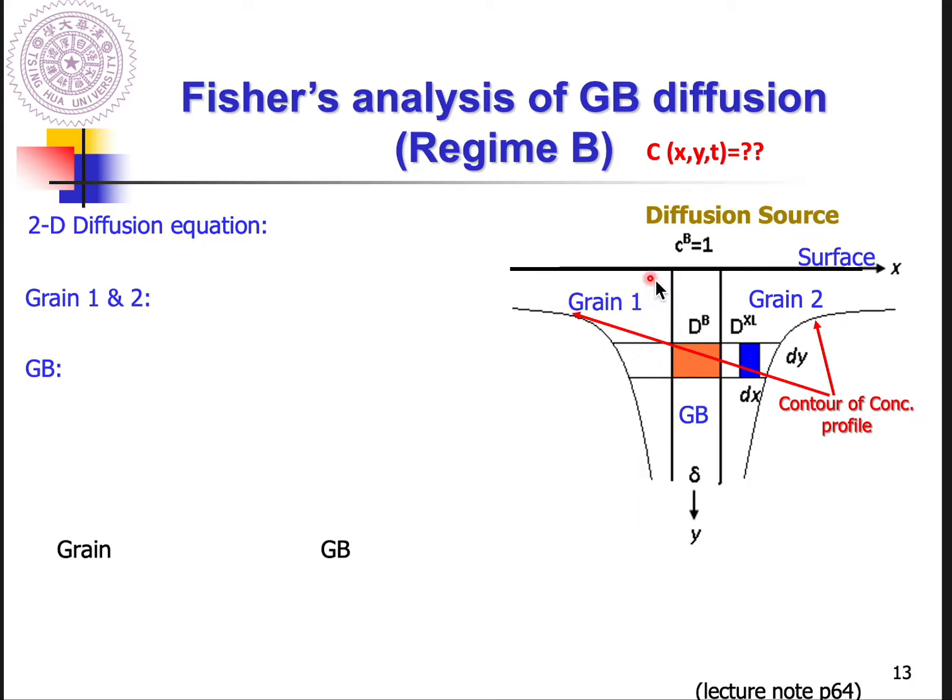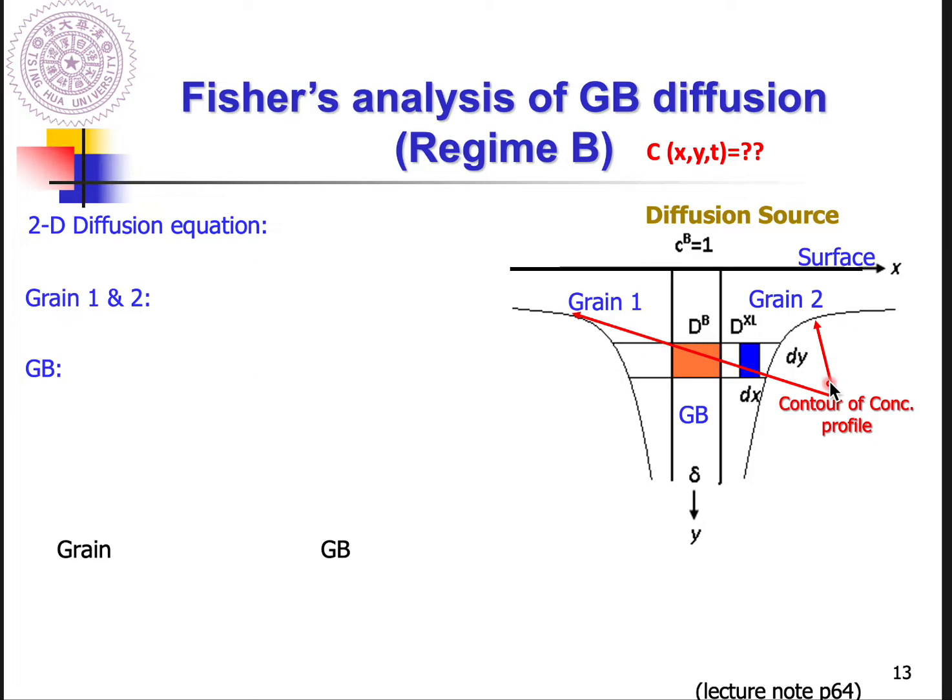This region has a higher concentration of diffusing atoms that decreases along these directions, and also has a contour of the concentration profile. So in order to get the concentration of diffusing atoms as a function of location and time inside the grain, we need to formulate the diffusion equation.